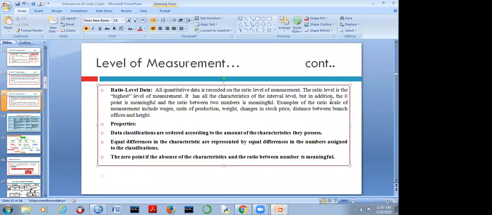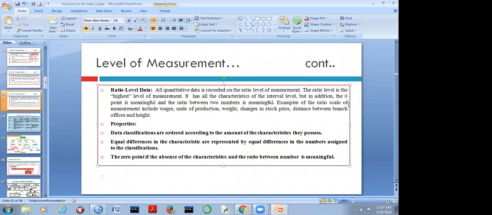Interval level के सारे characteristics, लेकिन इसमें zero का significance, zero का meaning है. मैंने जैसे आपको बोला how many children are at your home, आप क्या बोलोगे ज्यादा से ज्यादा? 4 या बोलोगे कोई नहीं? तो जो कोई नहीं है ना, मतलब जीरो है ना, उसका वैल्यू है, वो भी काउंट है, एनालिसिस का पार्ट है. We can't ignore the zero. Getting my point? The 0 point is meaningful and the ratio between two numbers are meaningful.